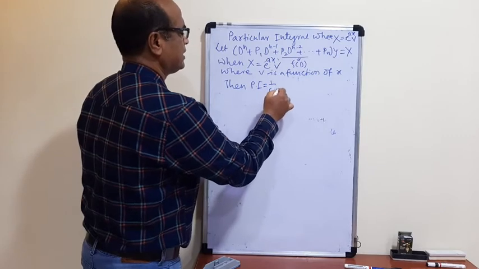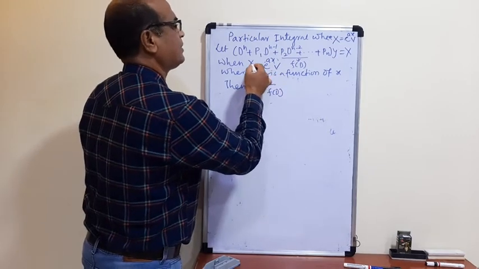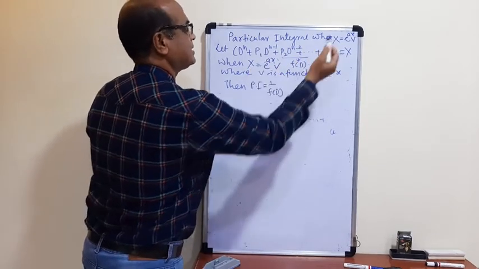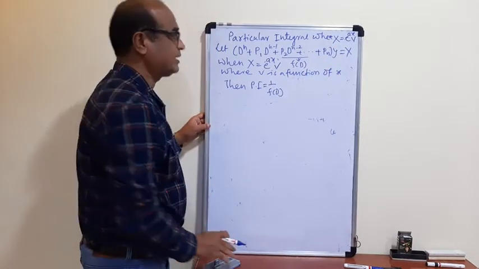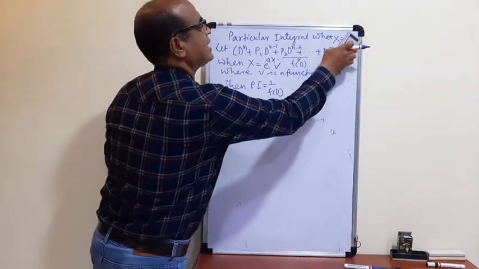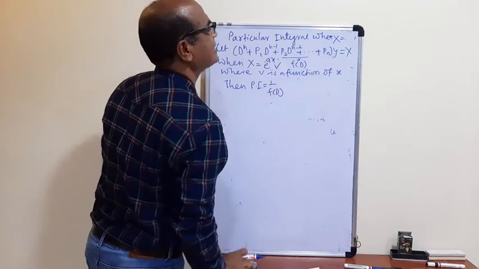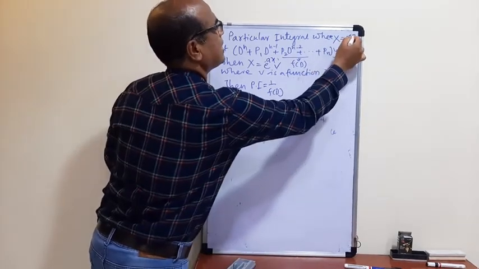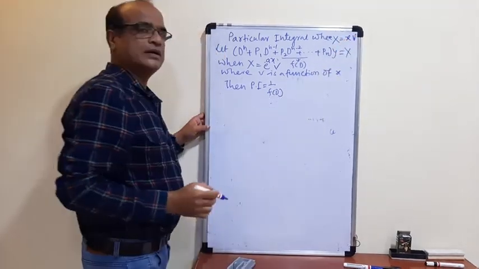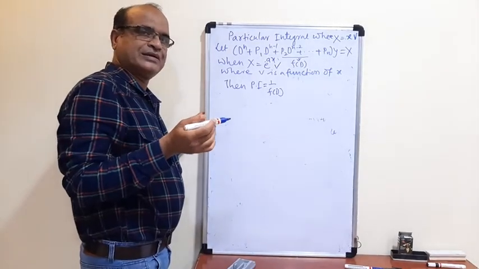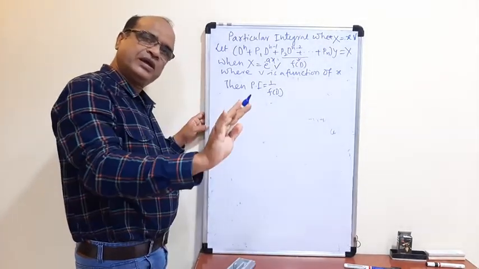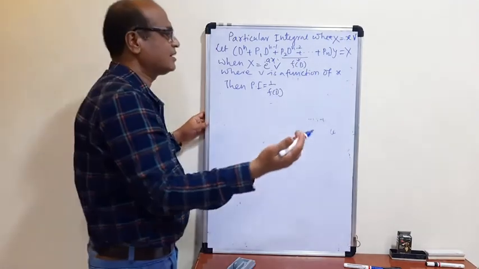Here f(D) y = X, where X is xV only. Instead of eᵃˣ we have x, and V is a function of x.